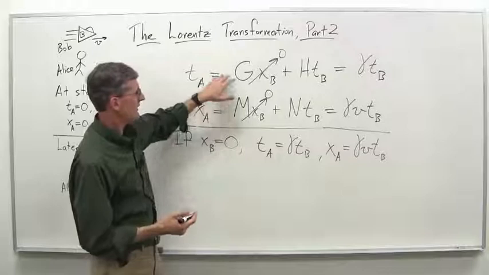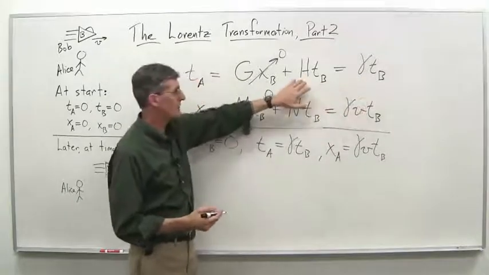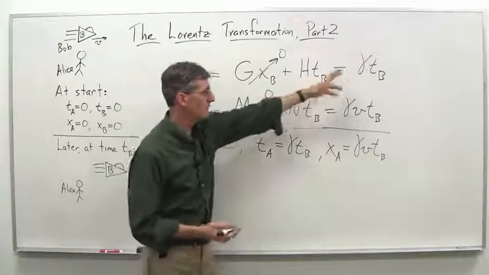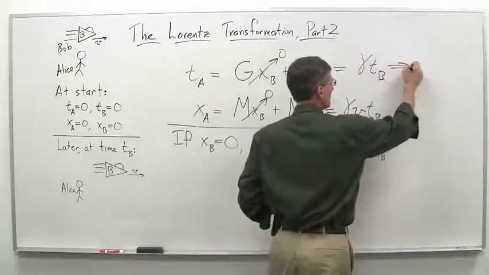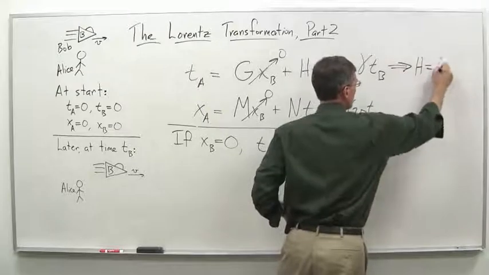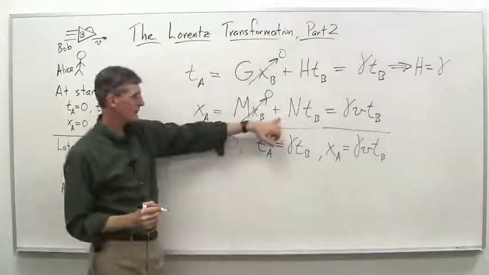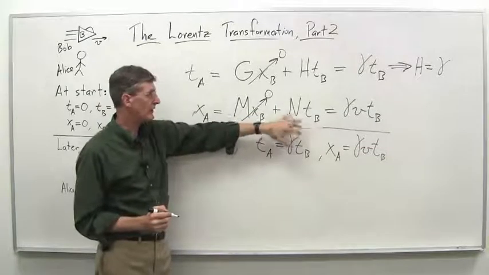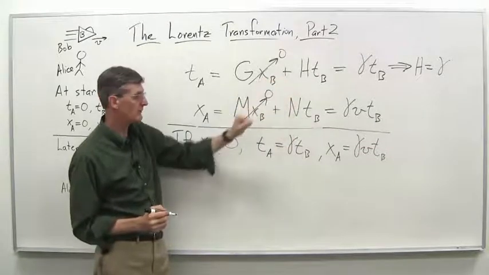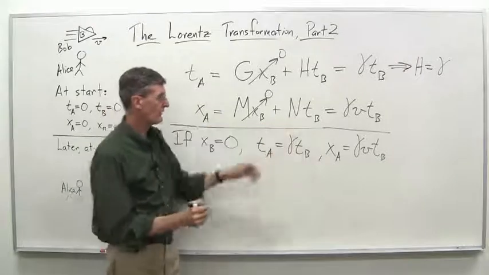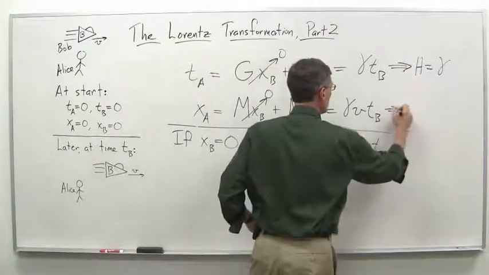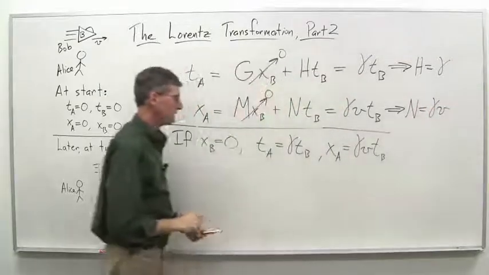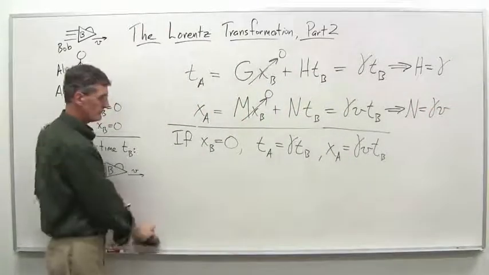If TA equals gamma TB and also equals H TB, clearly H equals gamma. H TB equals gamma TB, so this implies H equals gamma. And for this one, XA equals gamma V TB, which equals N TB in our general linear form of the transformation equations. Therefore, this implies N equals gamma V.